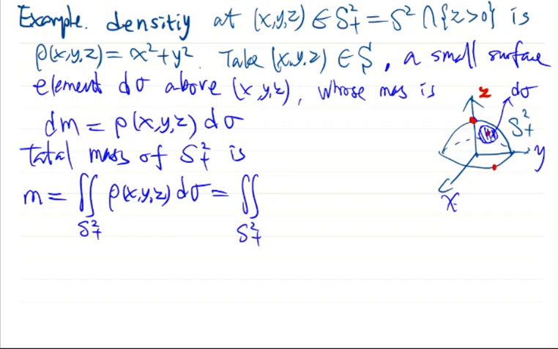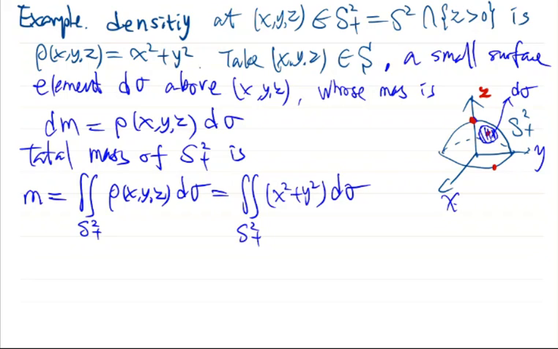So we are required to compute this surface integral, x squared plus y squared d sigma. Now, by our definition, to compute the surface integral, we need to take a parametrization.